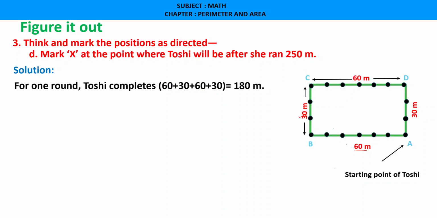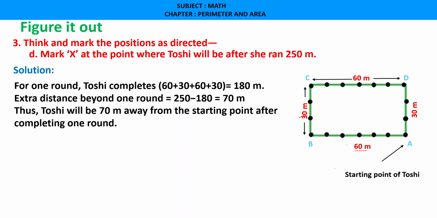For one round, Toshi completes 180 meters, nothing but the perimeter of the rectangle. The extra distance beyond one round is 250 minus 180, nothing but 70 meters. Thus, Toshi will be 70 meters away from the starting point after completing one round.